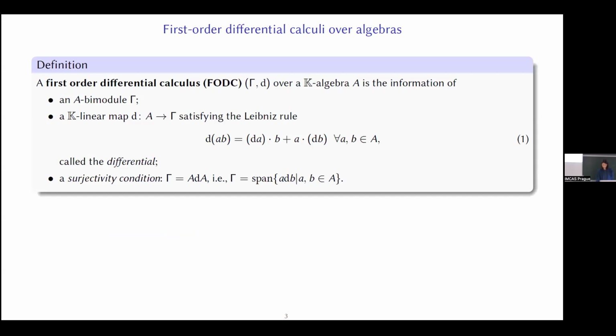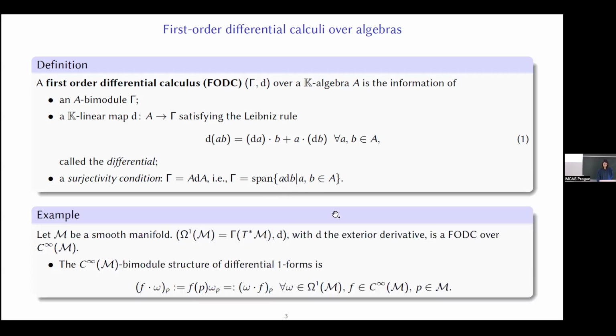So to start, the definition of a first-order differential calculus, Γ, d, over an algebra that is unital and associative, is the information of an A-bimodule Γ, which means I can act from the left and from the right with A on Γ. A k-linear map from the algebra to the bimodule, satisfying the Leibniz rule, called the differential, and a surjectivity condition, which means that any element of the calculus can be written in the form A dB for some A and B in the algebra.